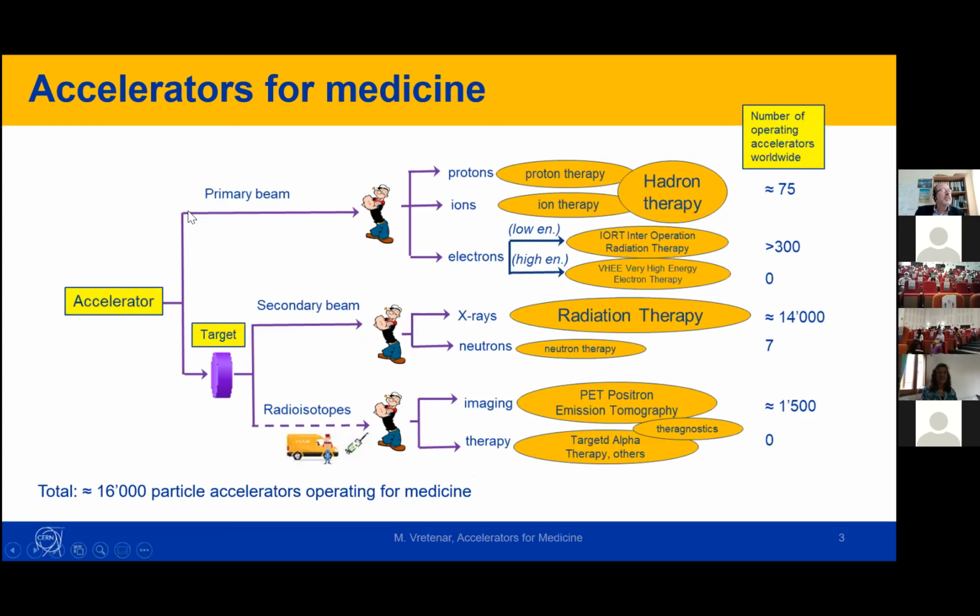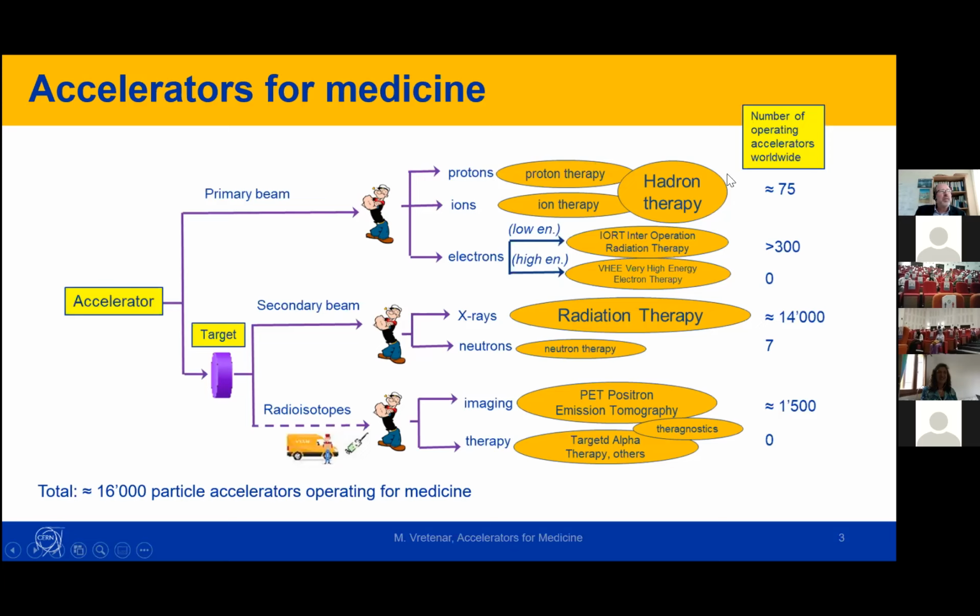So of course, the easiest is to send directly your beam onto a person. See, here I selected a strong guy just to stand this beam. And you can send 3 types of beams. What you can accelerate? You can send protons, ions, and electrons. If you send protons onto a patient, then we are speaking of proton therapy.